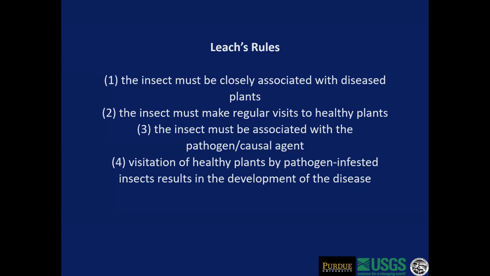And you have to be able to show that the insects make regular visits to healthy plants. You also have to prove that the pathogen is regularly associated with the insect. And finally, you have to show that visitation of healthy plants by pathogen-infested insects results in the disease.